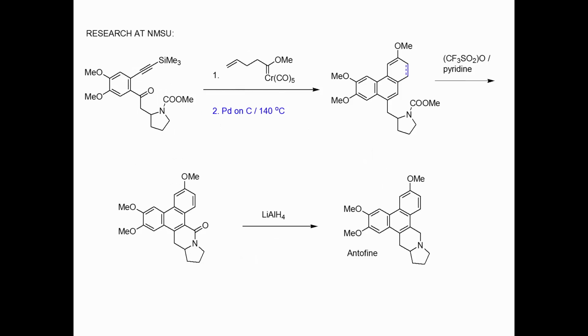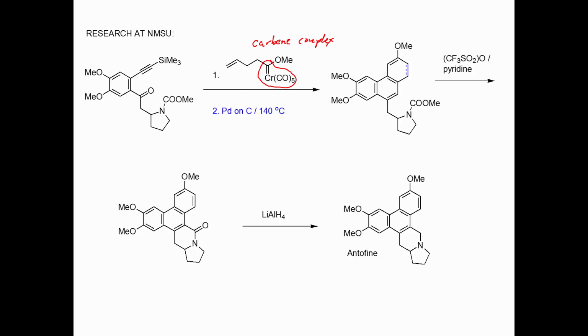This is research from my own lab. I just thought I'd throw this out there. This would not be on the exam, but you can see that this has an organometallic system, a carbon-chromium double bond known as a carbene complex.